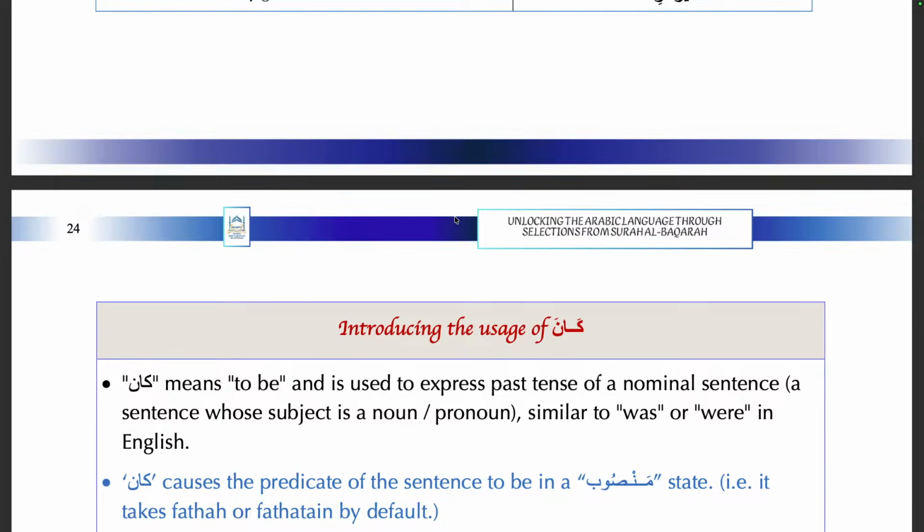You just type in the word in Arabic, kana, and type in the word yakunu, type in the word takunu, and look at all the verses where it came up, and ponder over it. And just focus on the kana. Don't focus on all of the other words in the verse. Just look at the verse, the general meaning for context, and then focus on the kana. That's for you to do when you're reviewing and when you're studying by yourself.